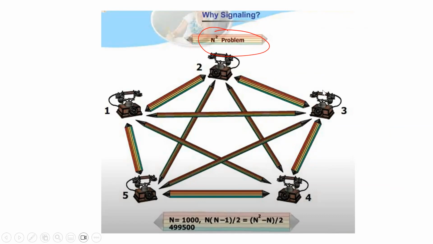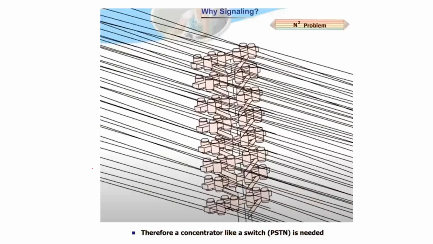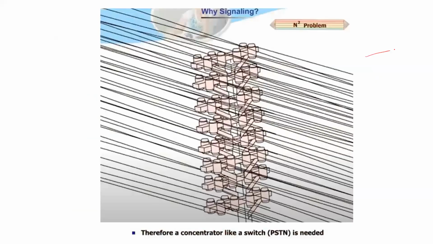When the number of nodes increases, this type of network becomes impractical. If the number of nodes is 1000, we will need nearly 5 lakh links.